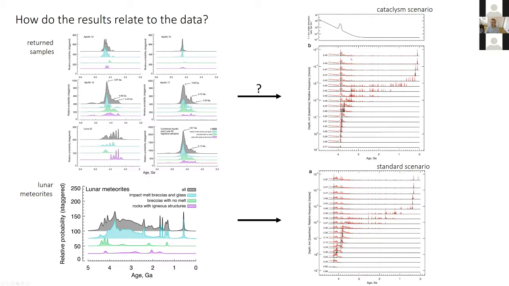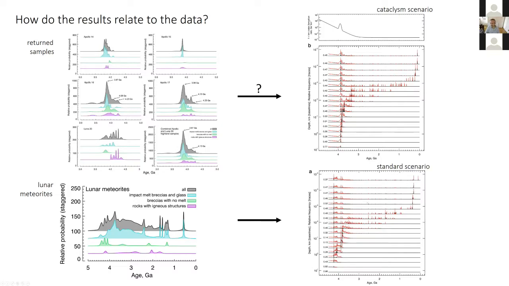But if that is the case, you also expect to see that in the lunar meteorite data, because the lunar meteorite data is a sampling of the whole surface of the moon, and that signature should be present everywhere. It's not the case here, this is a weaker one.